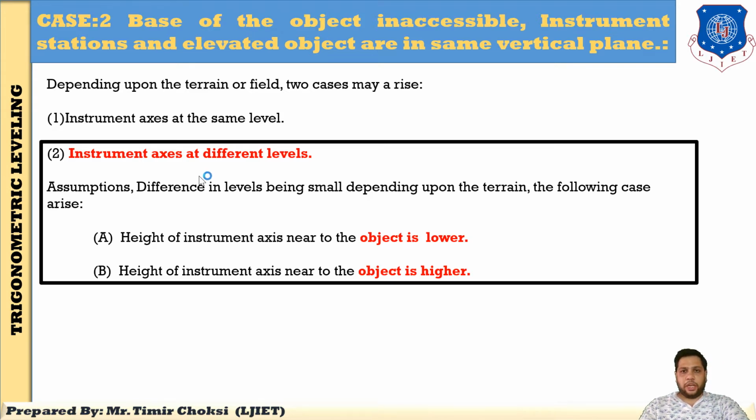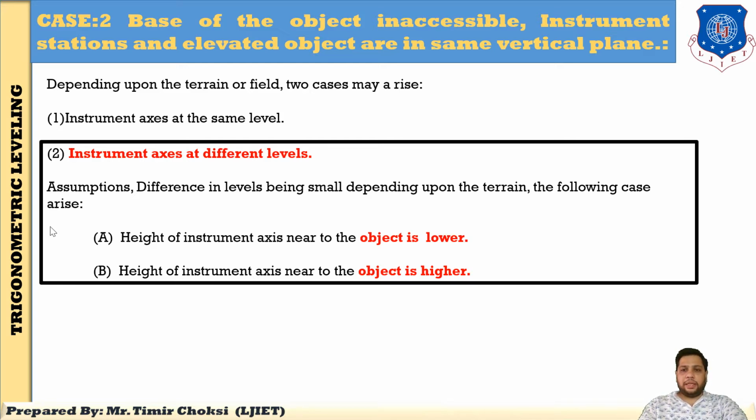In this particular case, you assume that the difference in level is small. In case number 2 you have taken two instruments, and the level of the two instruments is small depending upon the field condition.